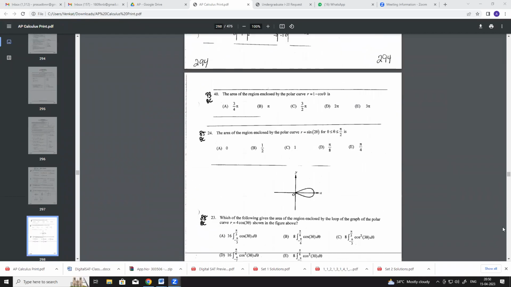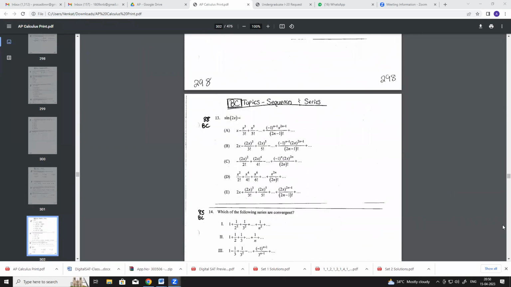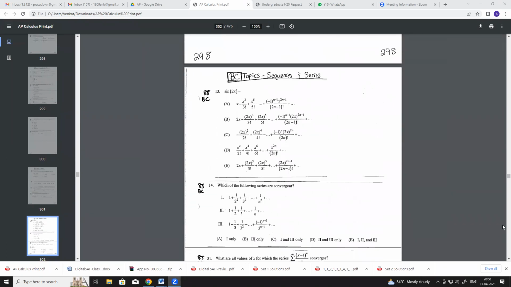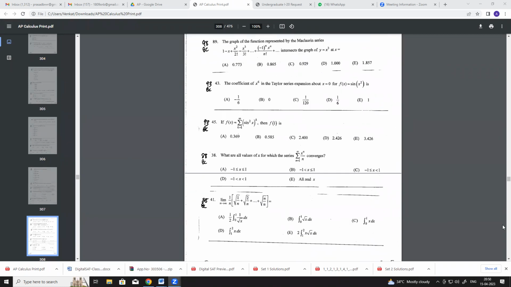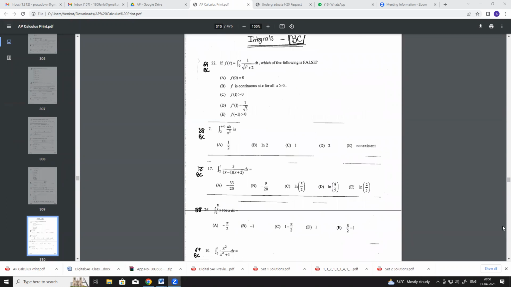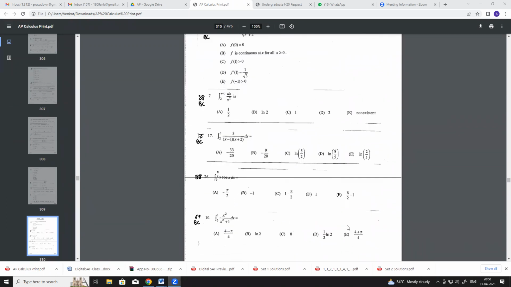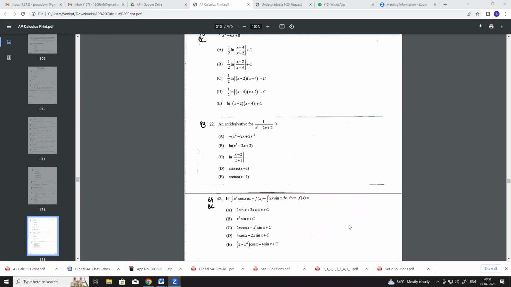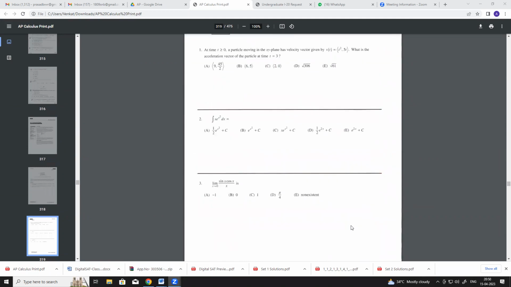Polar coordinates I require the entire next class. We'll be doing polar coordinates, vectors also. Sequence and series, 1-2 classes, most important. I'll also do integrals for BC. Okay, you know how to calculate integrals. So sequence and series, polar coordinates.